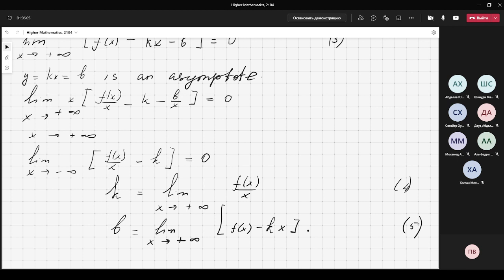If even one of the limits 4 and 5 does not exist, then the curve does not have an asymptote.